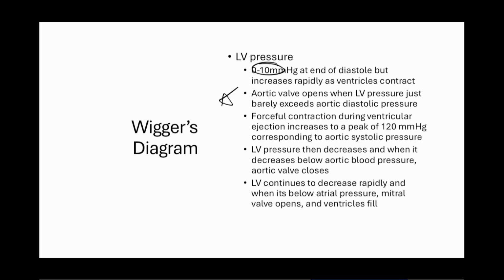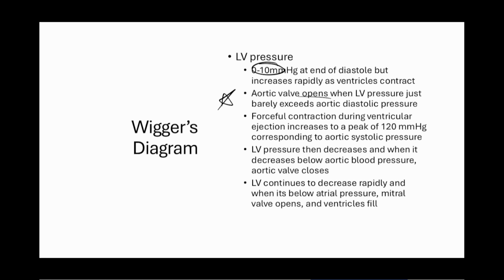The aortic valve will only open when the left ventricular pressure exceeds the aortic pressure. Remember, the aortic valve is closed. There's still blood right behind it pushing on that valve. The heart has to generate enough pressure to overcome that aortic valve pressure.